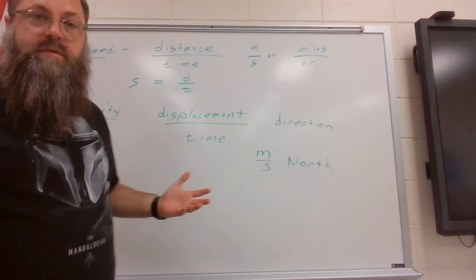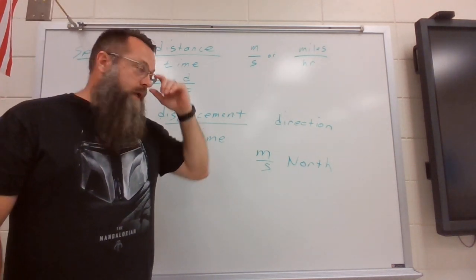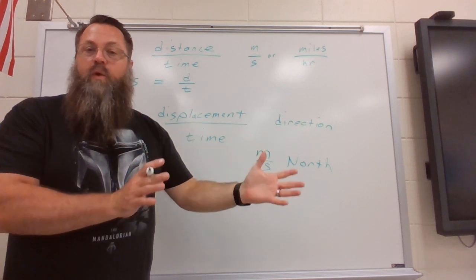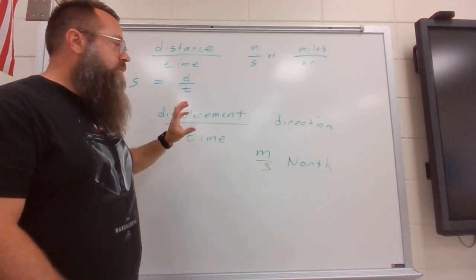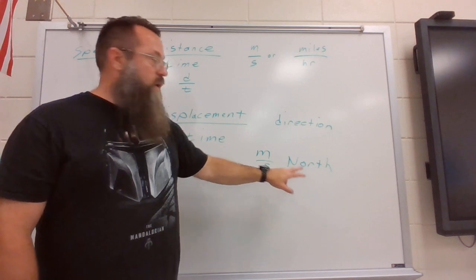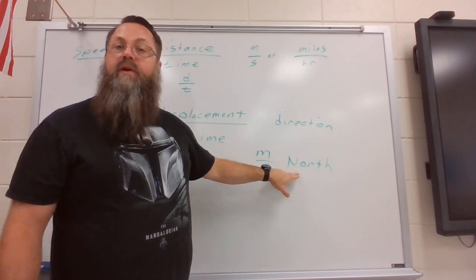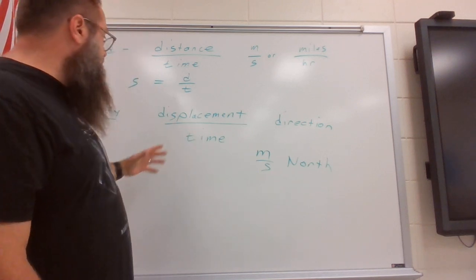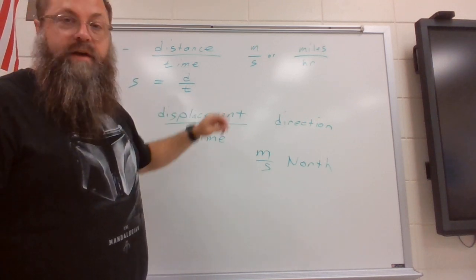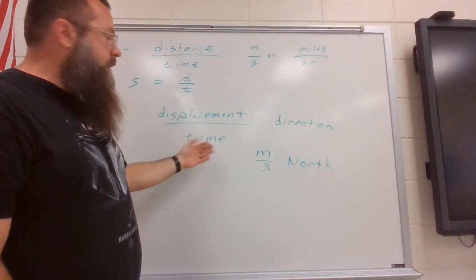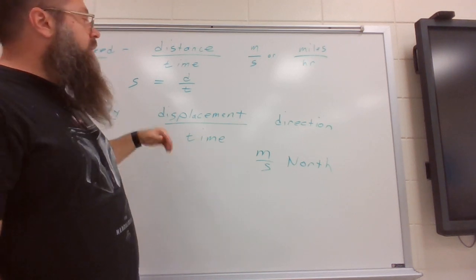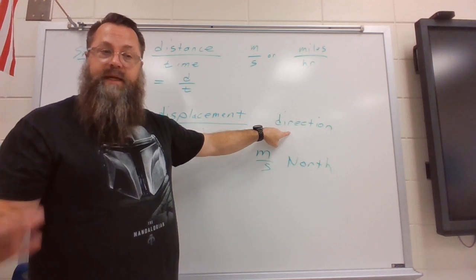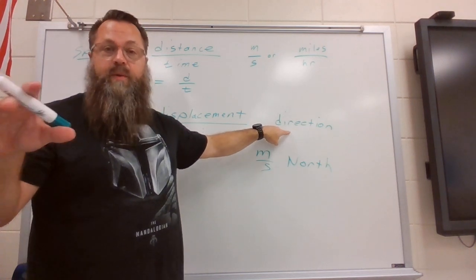It just depends on whatever your frame of reference is and whatever you've set up as the coordinate system, but you have to indicate that with some sort of direction. So much looks the same because it's still some sort of how far away did you go and how much time did it take you to get there? But we need a direction as well. For it to be velocity, it has to have a direction as well.